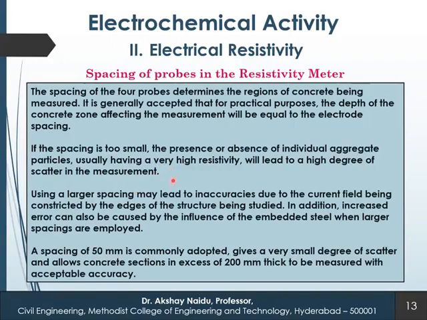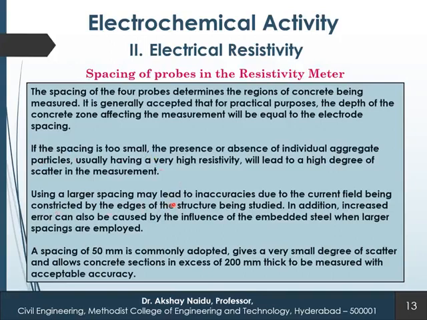If the spacing between the probes is very small, many times aggregate particles may be present just below the surface. These aggregates are highly resistant. In the next reading, the aggregate may not be present, and cement matrix may be present. Now there will be a great difference in the apparent resistivity value. So spacing should not be too small.